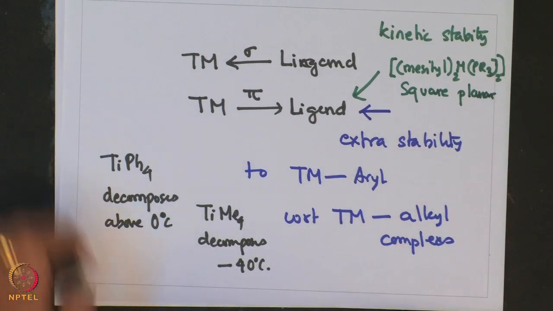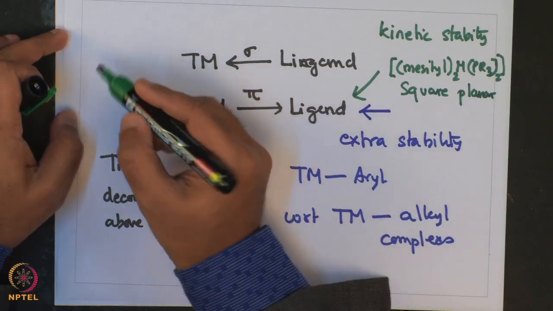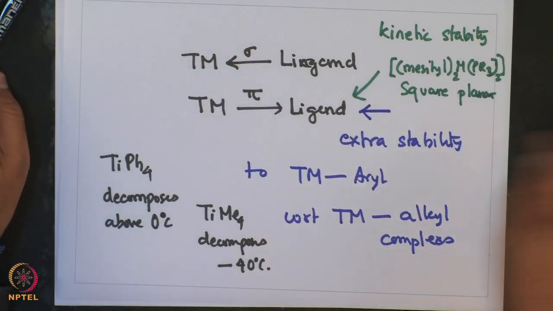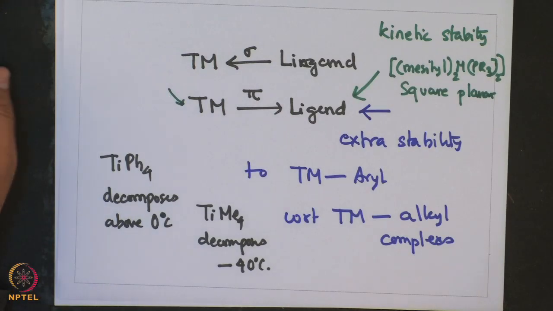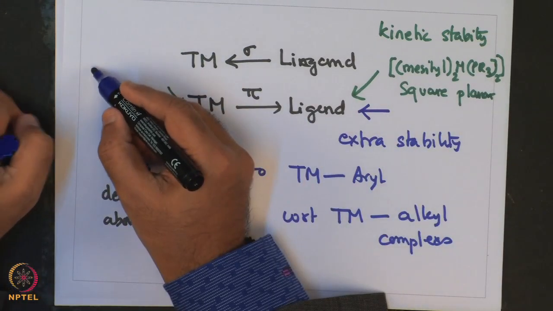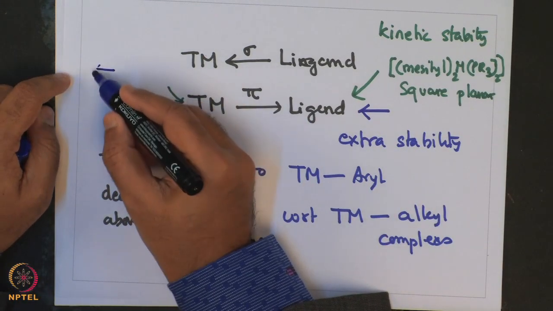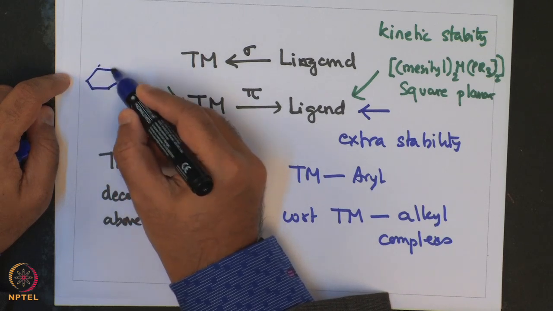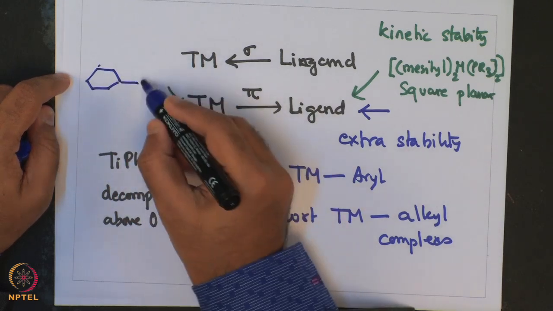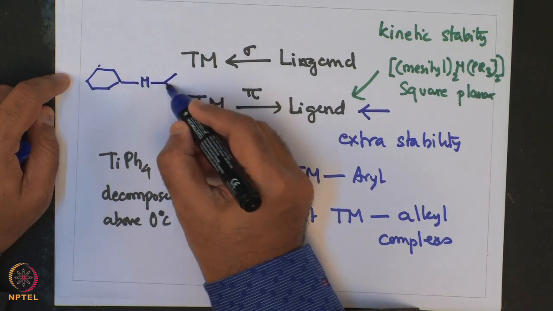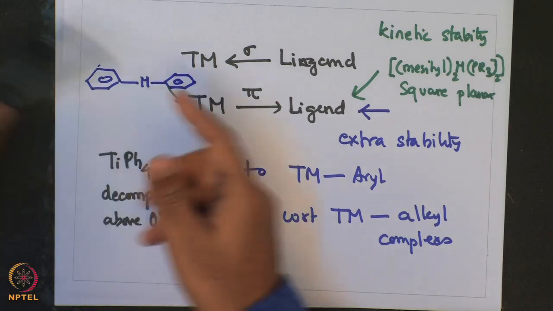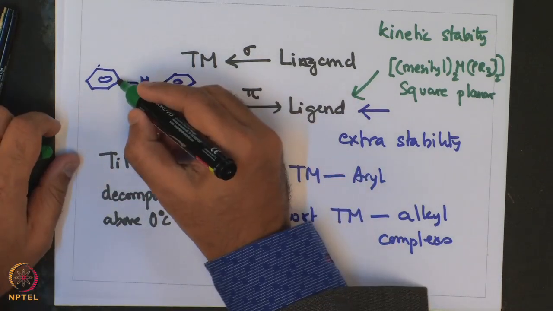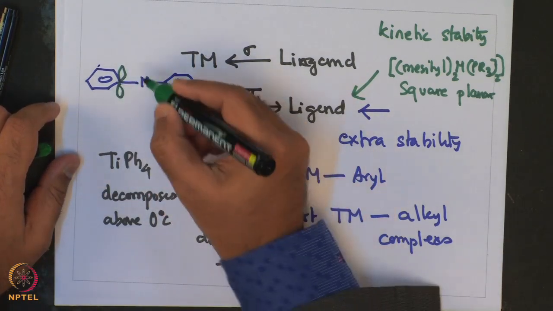And that was explained by this transition metal to ligand pi interaction occurring between the metal and the ligand pi star orbital.